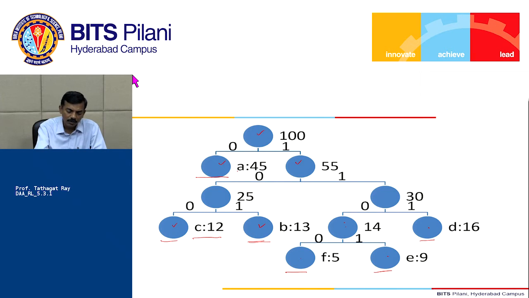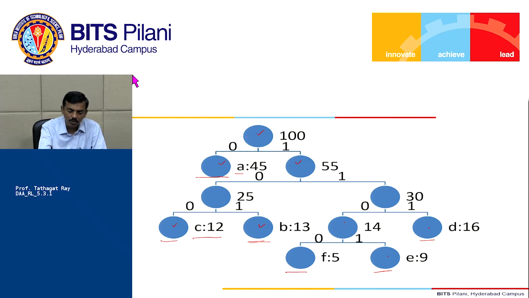How? Corresponding to each of the internal nodes, you have a left child and a right child. You assign bit 0 to the left edge and bit 1 to the right edge. So you can get the code for A by traversing from the root to that node.